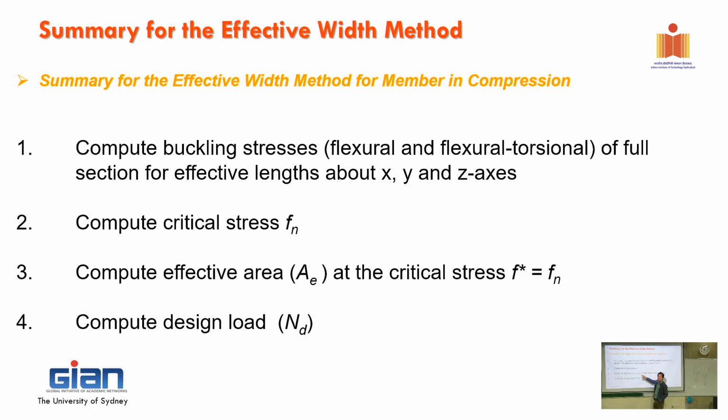Then you calculate the effective area of the cross section at that critical stress. Then you can calculate the member capacity. And you have to do it once again with the effective area at yield stress. Then you times it with yield stress, and you get the section capacity. That is NS. Once you got NS and NC, you compare and choose the smaller one. That will govern your design.